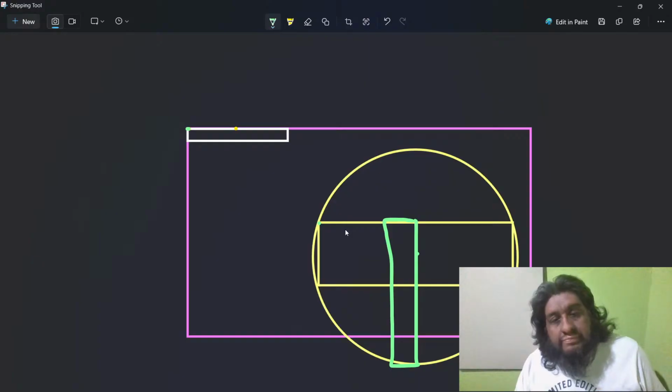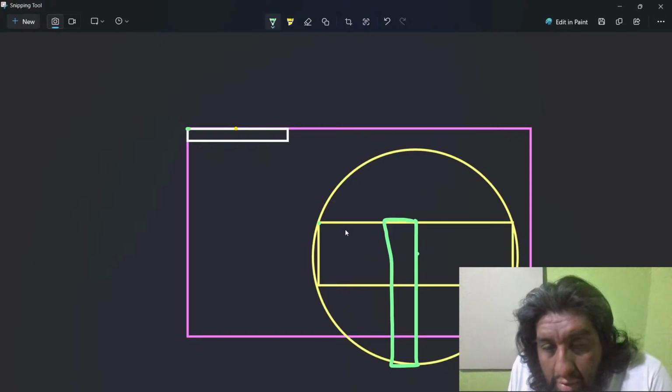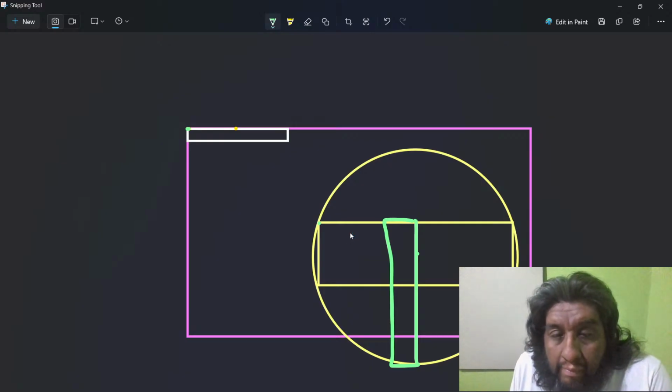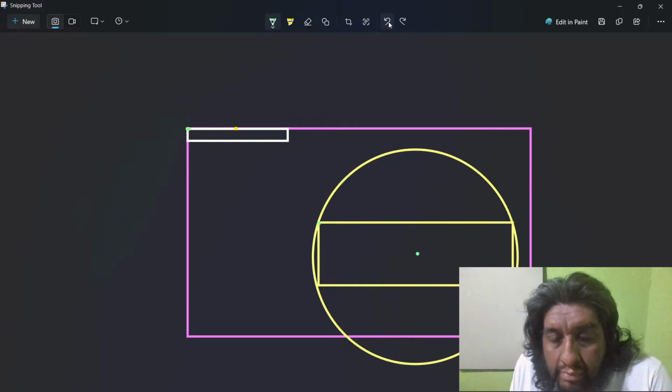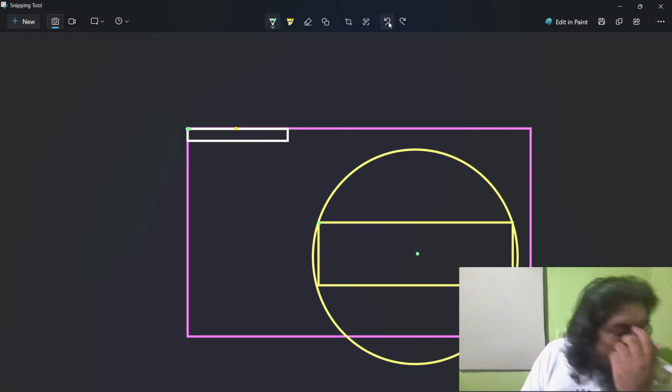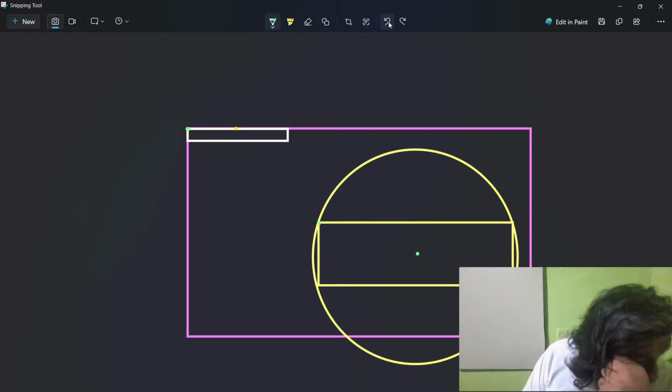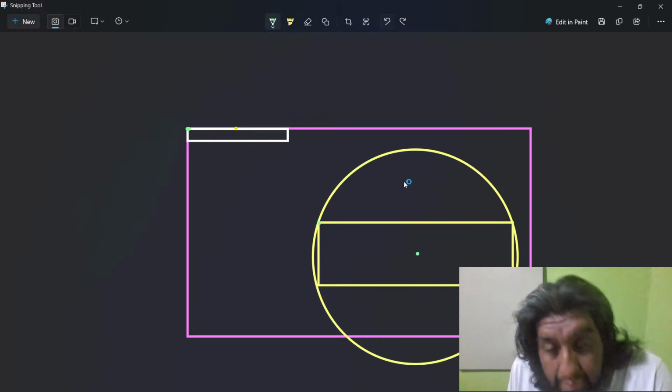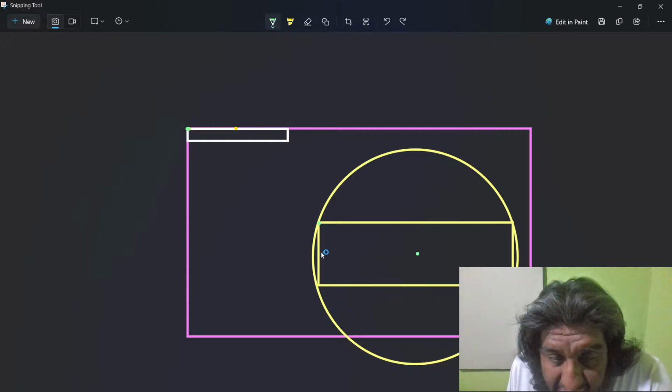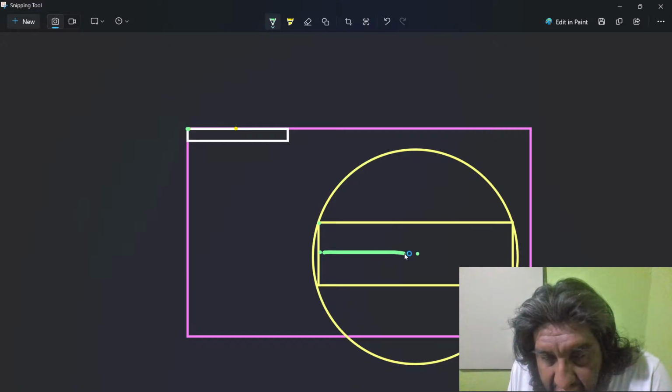Look, so we need to, and this is some sort of midpoint. Here it is. Here is a line, just for your reference.